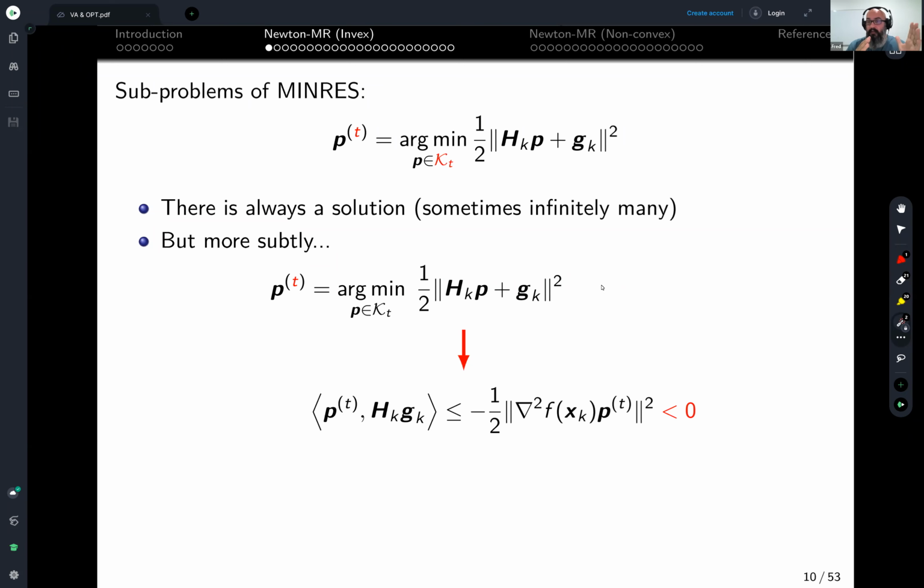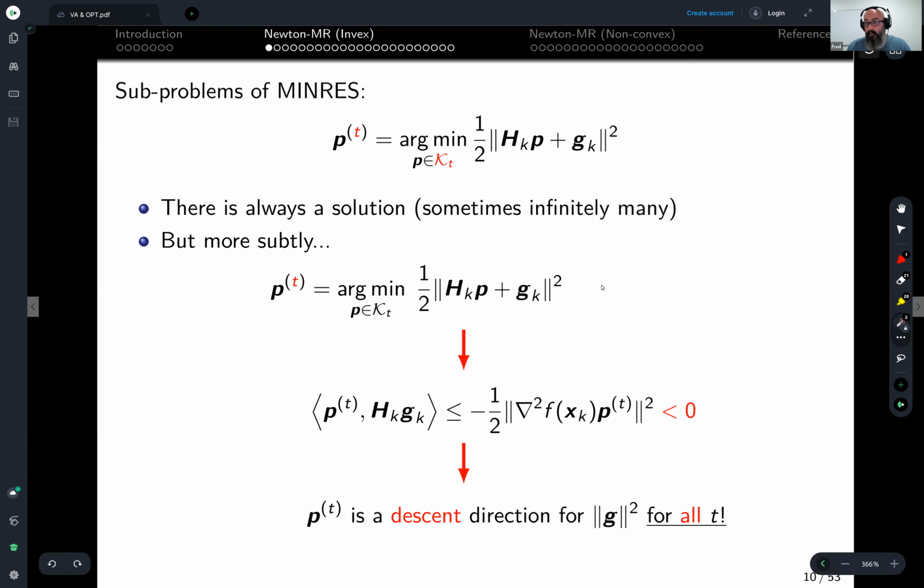Now, if you remember, for CG, the inner product between the search direction and the gradient was negative, so we got a descent in the objective value. Here we're getting a descent, but it's not descent in the objective value anymore. Instead of the objective value, it gives us descent in the norm of the gradient.